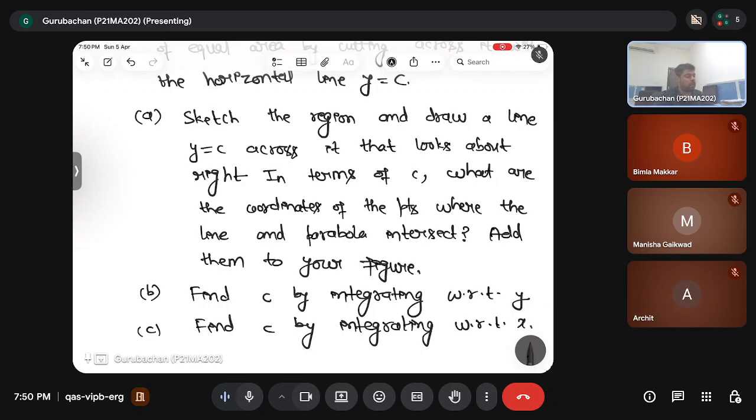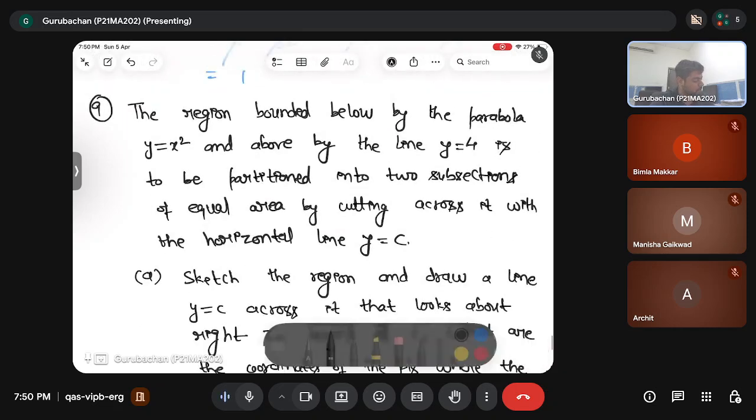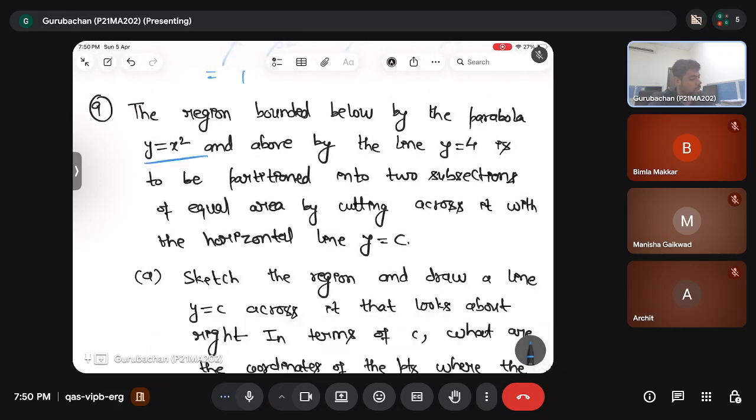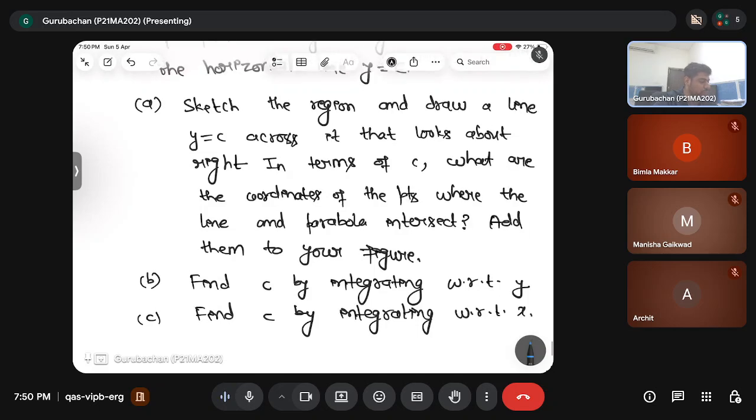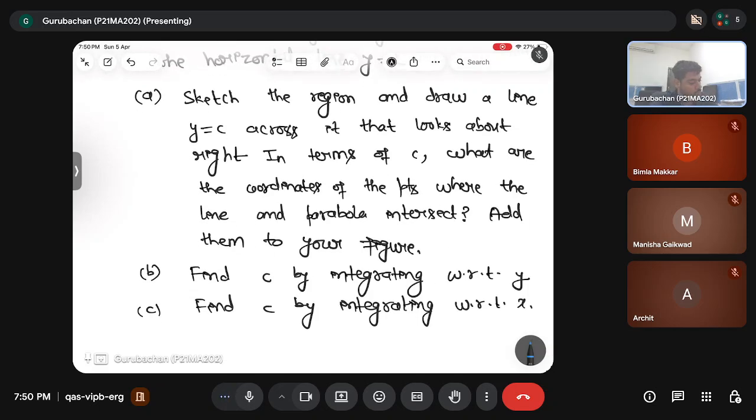So we have been told that there is a parabola bounded above by y equal to 4, and the area has been partitioned into two equal parts by cutting with the line y equal to c. Then we have to draw this graph, keeping in mind the coordinates where they are intersecting, and what the possible values of c are when you integrate with respect to y-axis, and what the value of c will be when you integrate with respect to x-axis.